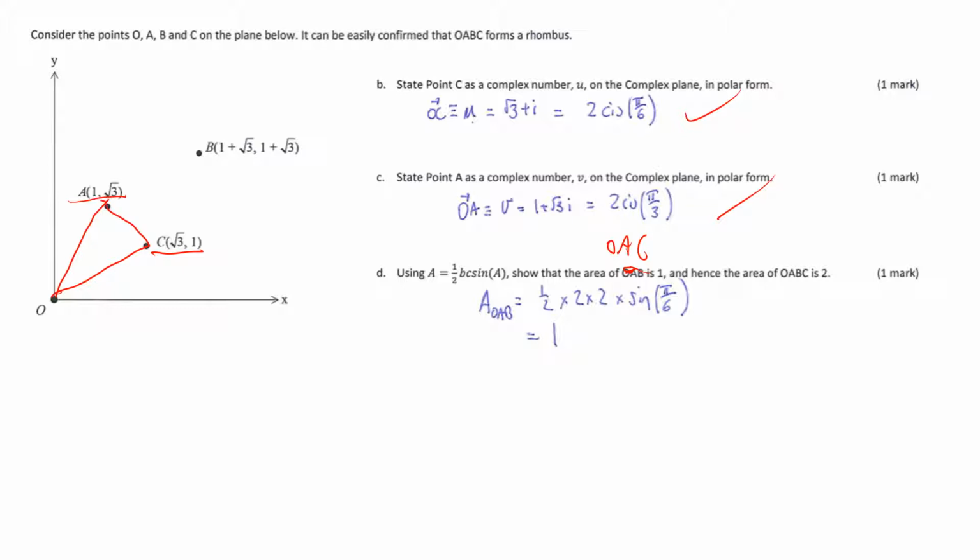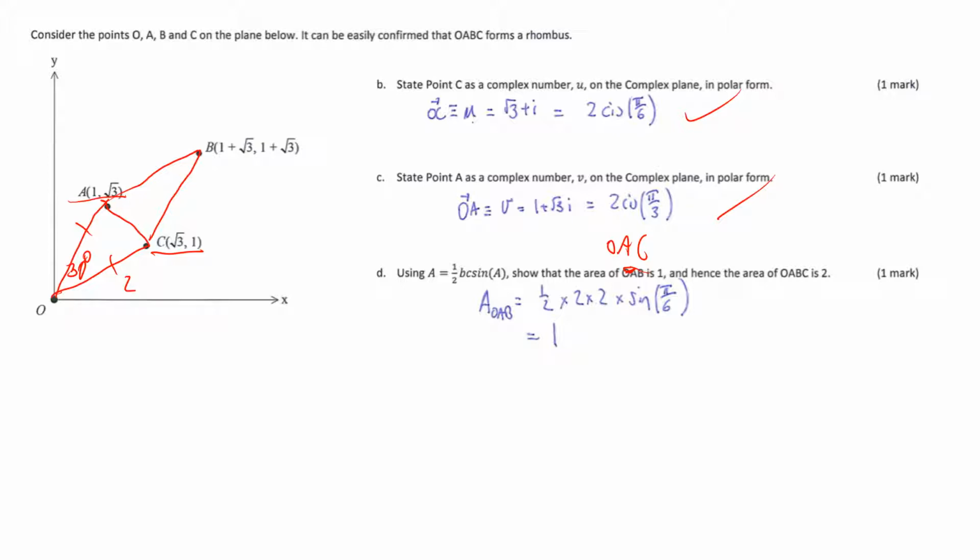It's easy enough to show that the angle between them is equal to 30 degrees over here, and each of length 2. And it was a simple matter of showing that it filled an area of 1, and therefore, it being a rhombus, that triangle would have been congruent to it, and so the area of the rhombus is 2 triangles of area 1, making it a quadrilateral of area 2.